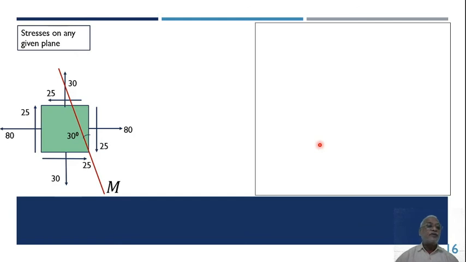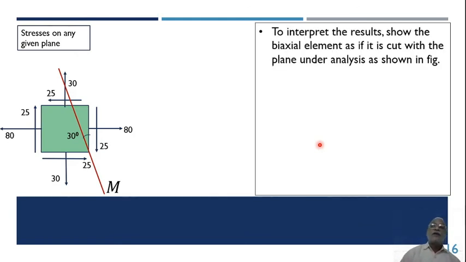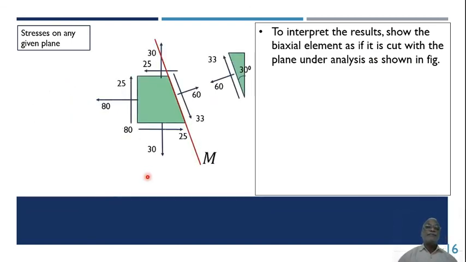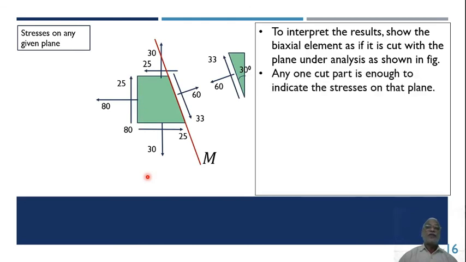Now we'll detail it out. I have drawn that same figure, right? To interpret the results, show the biaxial stress system as if it is cut with the plane under analysis. Means you cut this biaxial system. You can take this element or this element, any one of them, and then show. So I have shown it here, right?